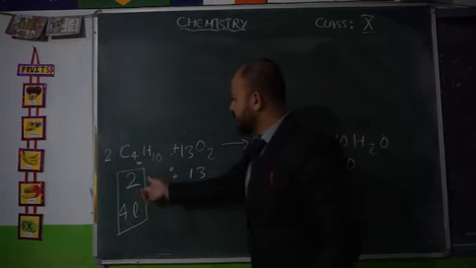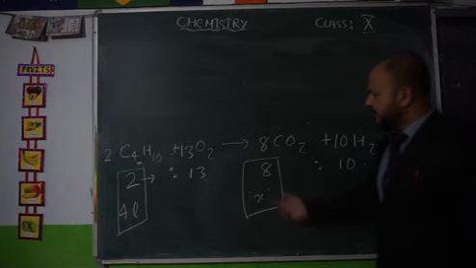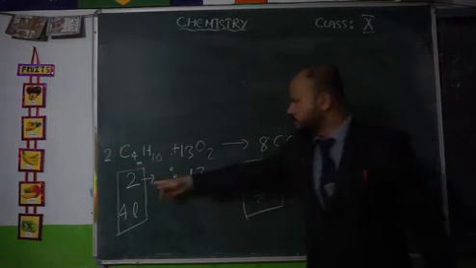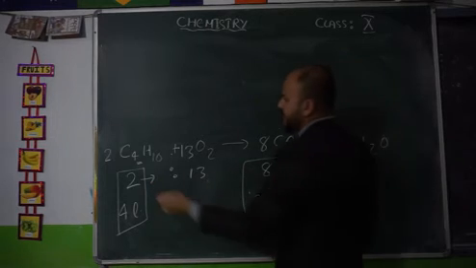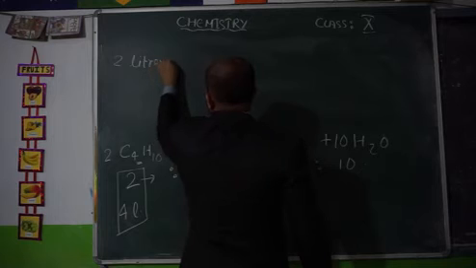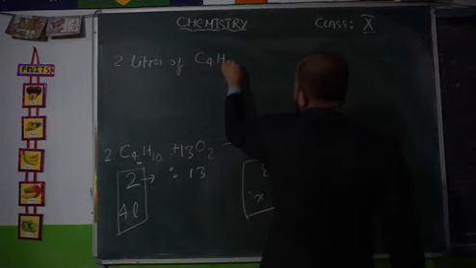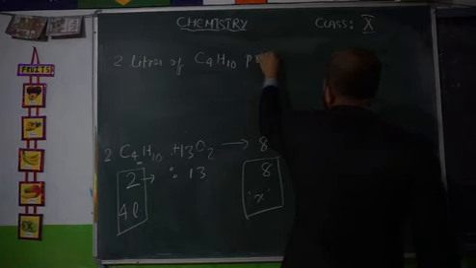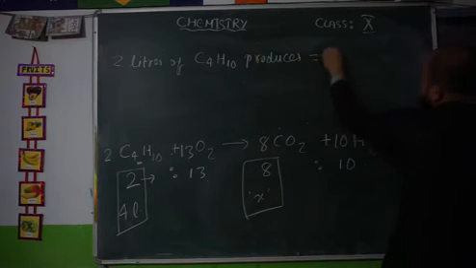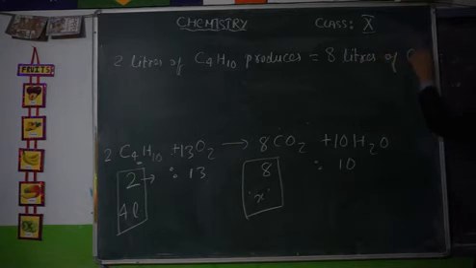So from this particular relation, we can see the ratio between butane and carbon dioxide is 2:8. So let's write that first. 2 liters of butane, that is C4H10, produces 8 liters of carbon dioxide.